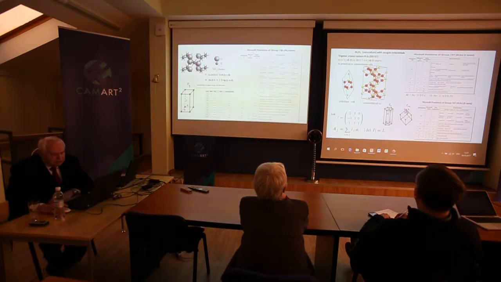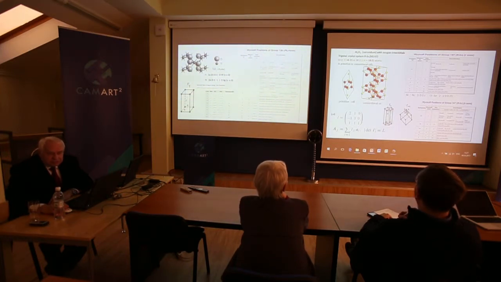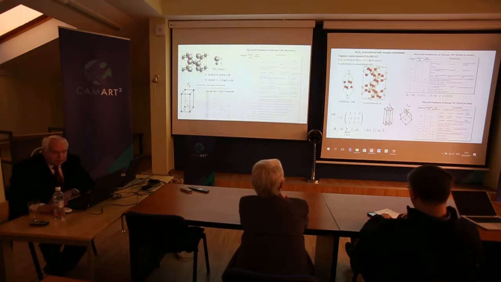So let's consider the trigonal crystal system, rhombohedral or trigonal, this is the same. -3, this is a third order axis and inversion. And again you see C instead of M. It means that there is a glide plane along the C axis.